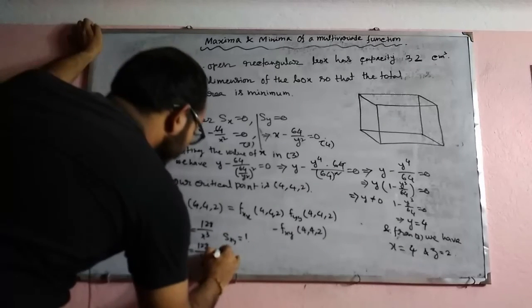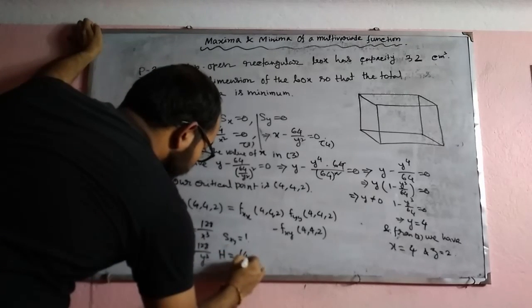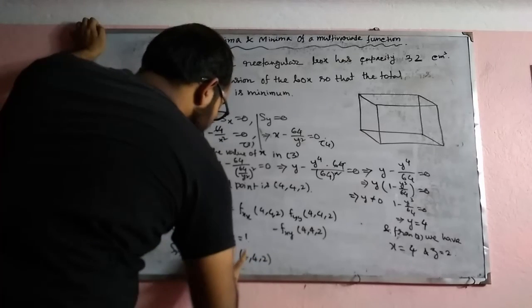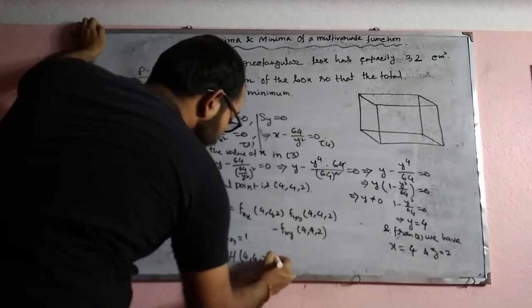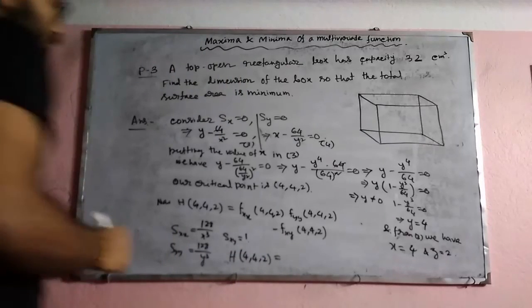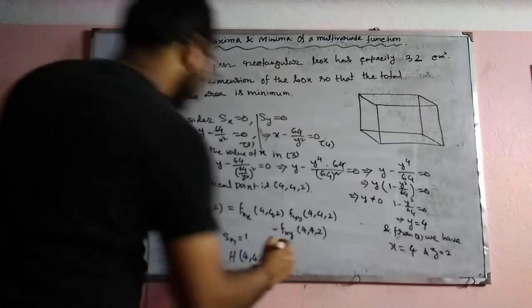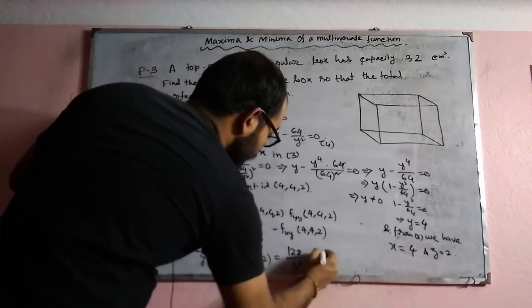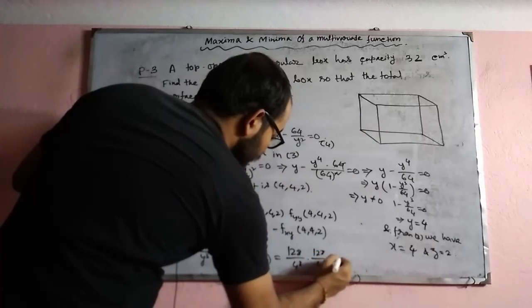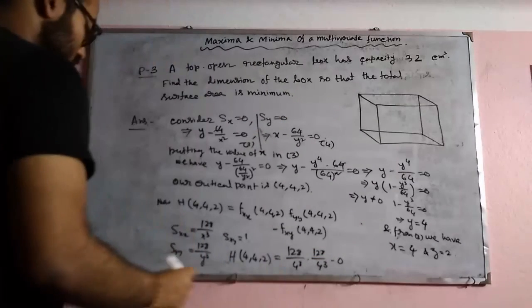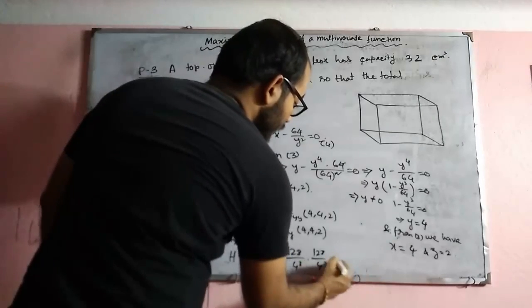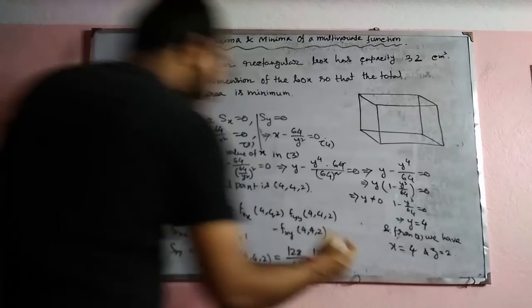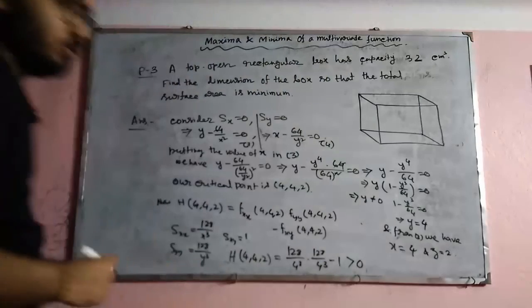Okay. So h of 4, 4, 2 is equal to, sorry, this will be 1. This will be 1. Okay. And simply this will be positive.